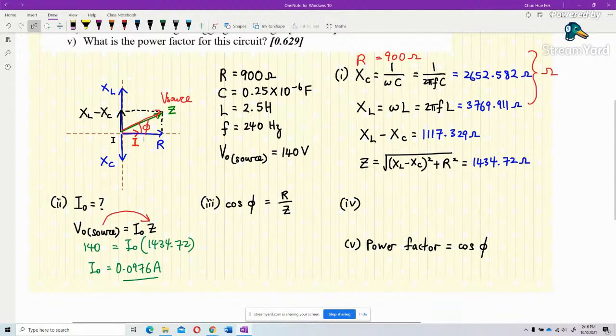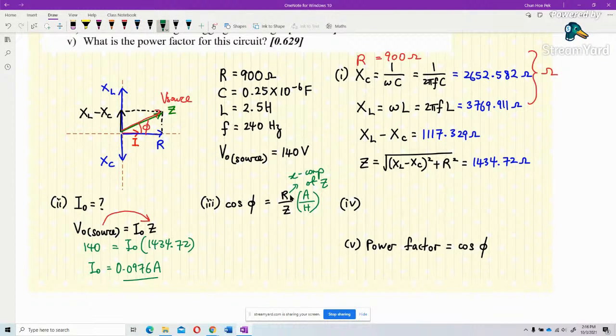Adjacent is R, hypotenuse is Z. Do you know that R is actually the X component of Z? Write it properly. R is the X component of Z. So this is adjacent over hypotenuse, and we can find the phi.